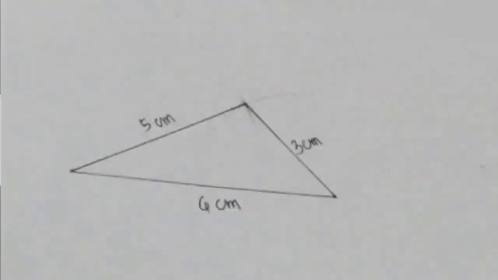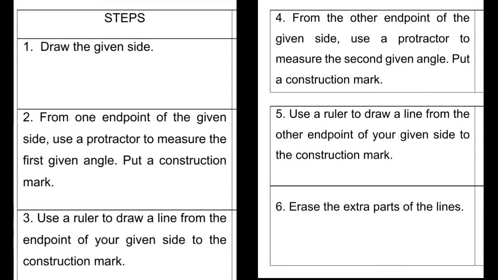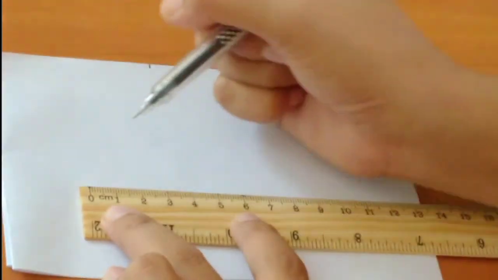Next, suppose we are going to construct a triangle with one side measuring 5 centimeters and two angles measuring 60 degrees and 40 degrees. To construct, here are the steps. Step 1.